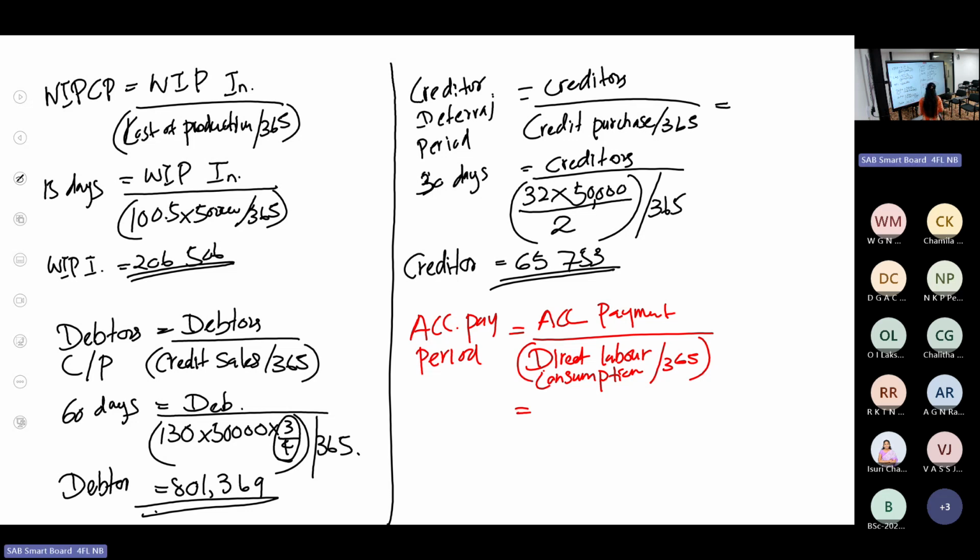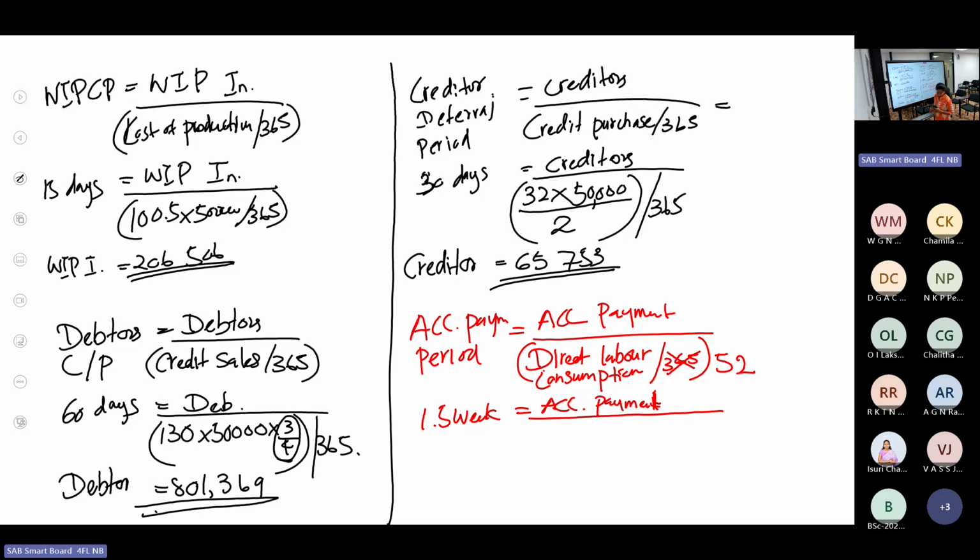The accrued amount we don't know. Accrued payment period we know, that is how many days. Rather than dividing by 365, we can directly put 52 weeks there. It is 1.5 weeks.